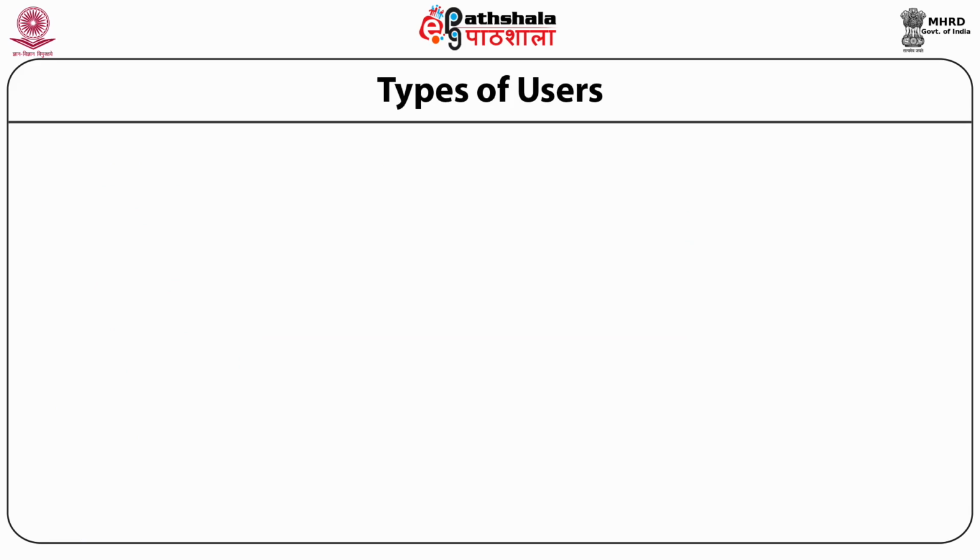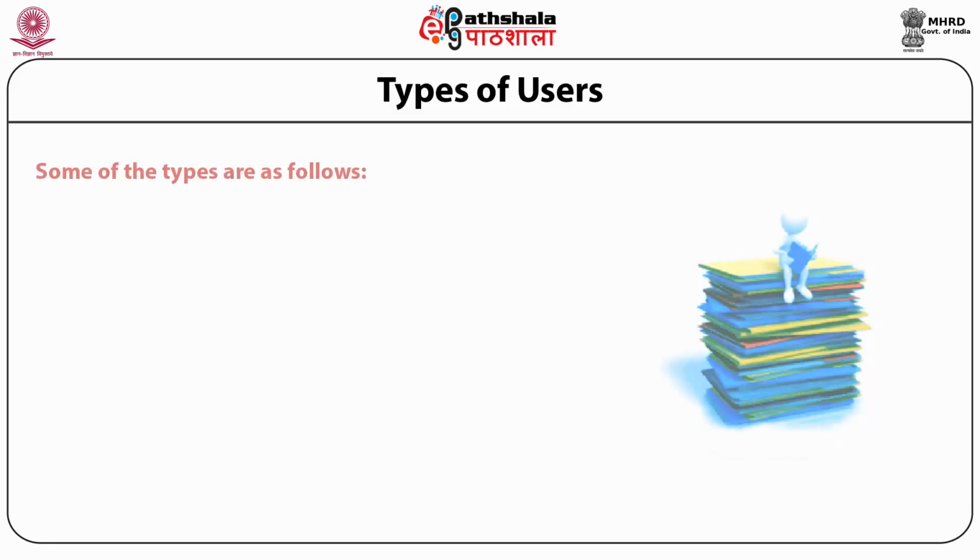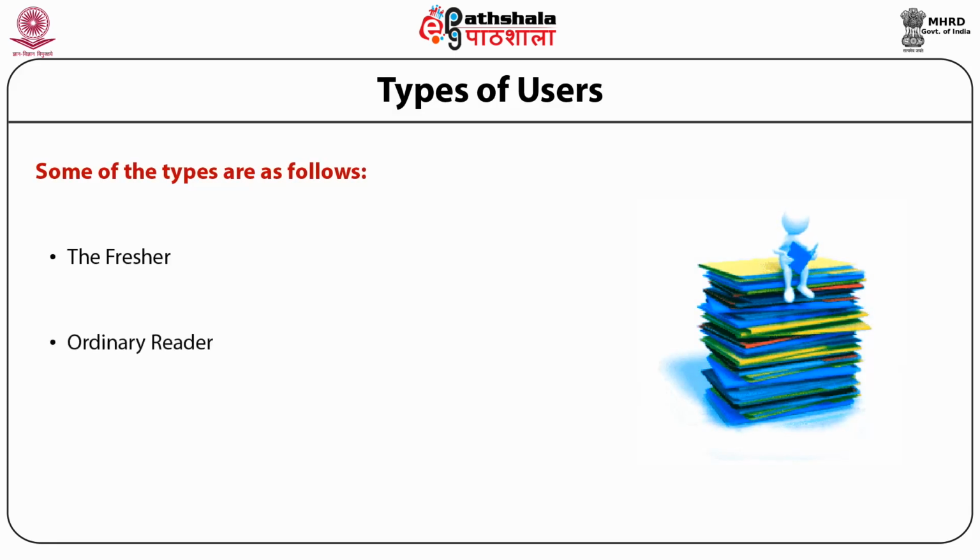Users who are visiting the academic libraries can be categorized in such types as the fresher reader, ordinary reader in an academic library, specialist reader, and general reader.